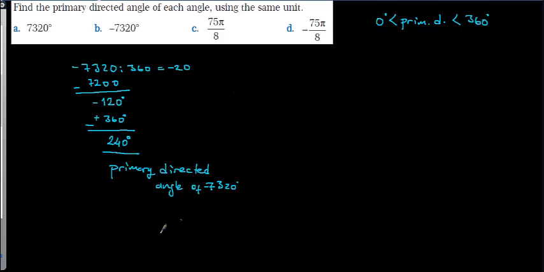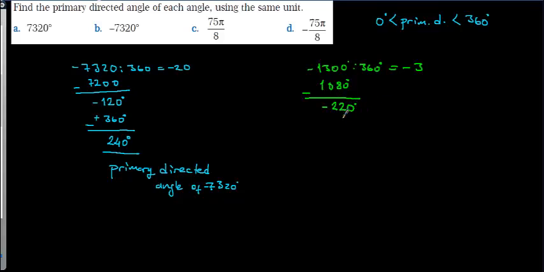Also, I can choose another value for this one. Let's say minus 1,300. What is the primary directed angle of it? When you divide by 360 degrees, it was 3 times 360, it's going to be equal to 1,080. And when you subtract this one now, it's going to be equal to minus 220 degrees.